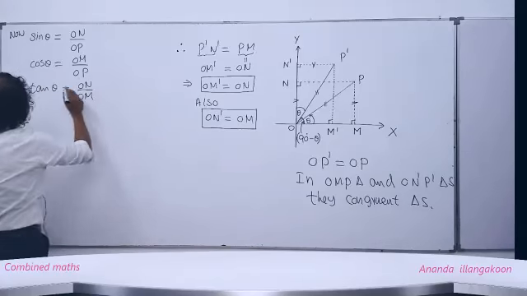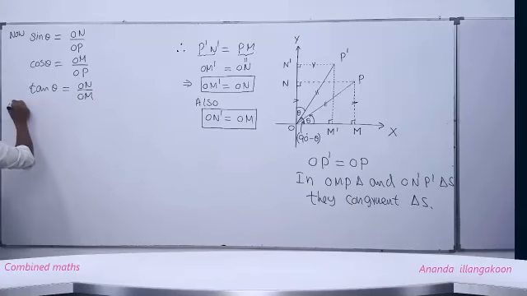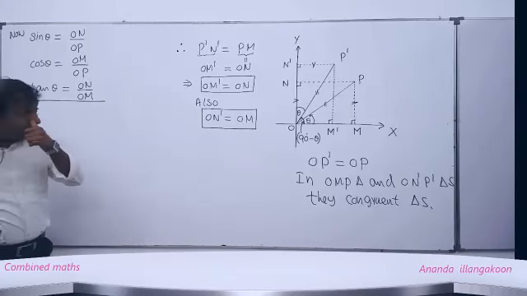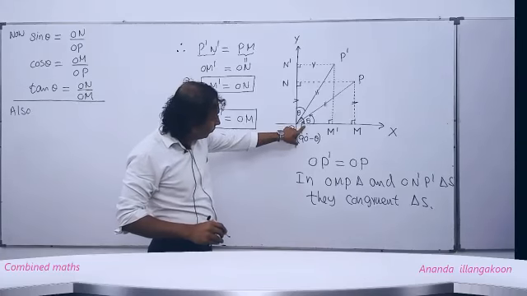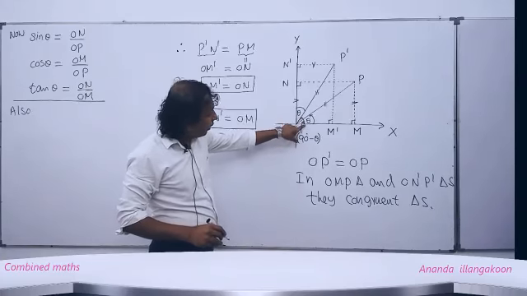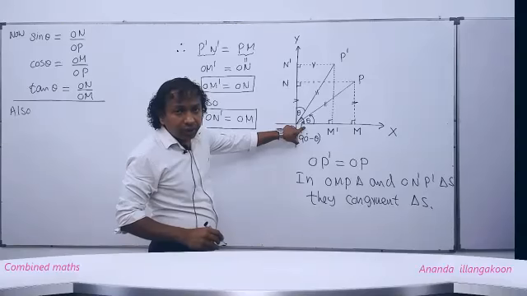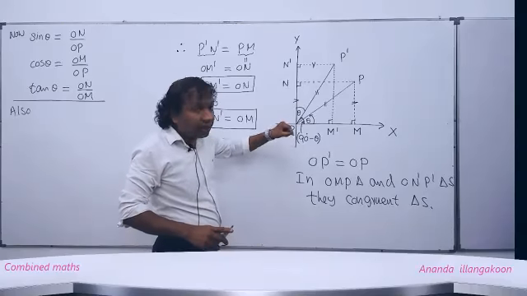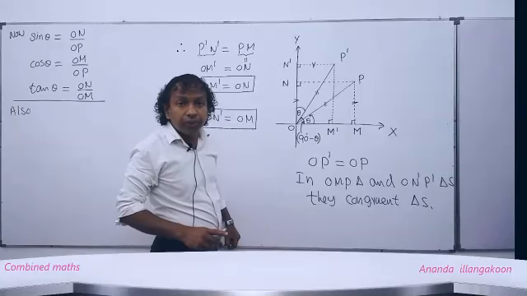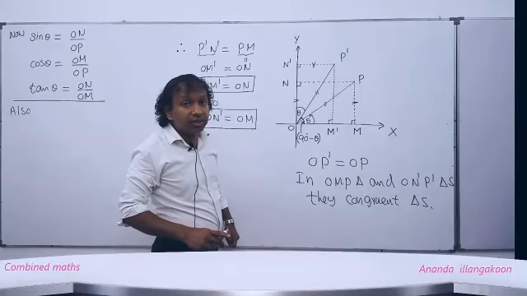Now, secondly, we define the angle 90 minus theta. It is this. For the angle 90 minus theta, I am going to define sin, cos, tan. On that occasion, we have to take this OP dash. Why? It is the one making the 90 minus theta angle.